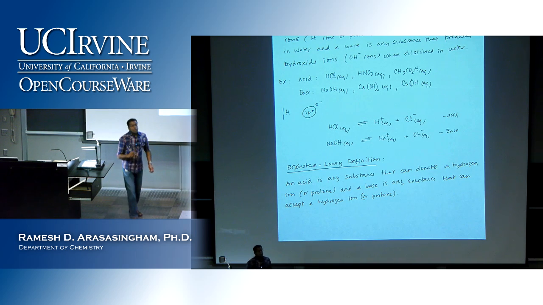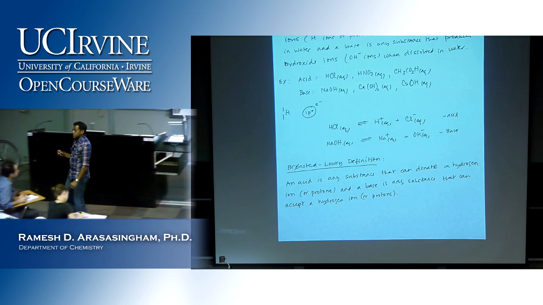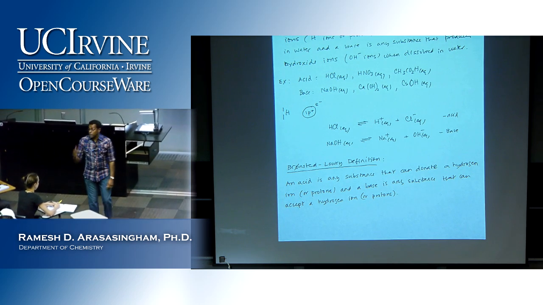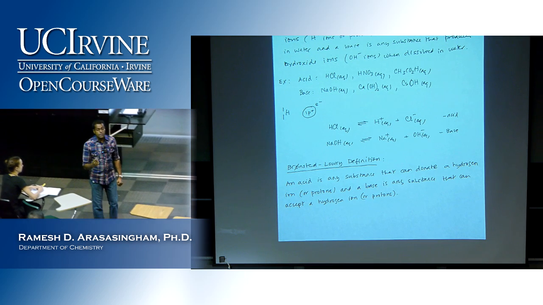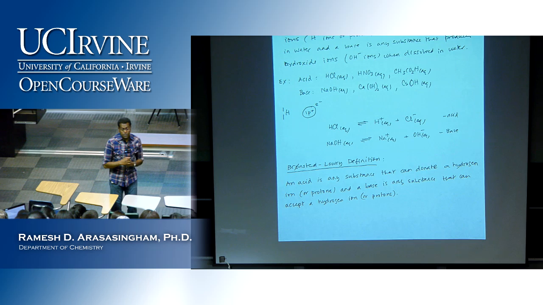All right? So now we look at the Bronsted-Lowry definition. According to it, an acid is any substance that can donate hydrogen ions or protons, and a base is any substance that can accept hydrogen ions or protons.